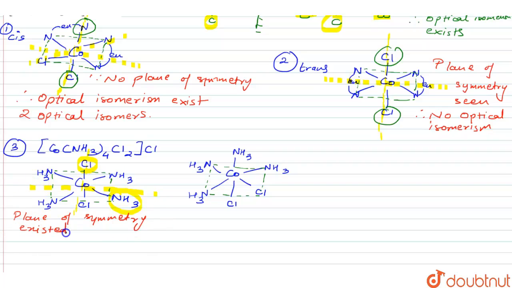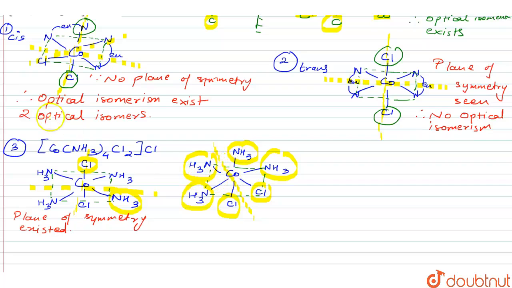Now, what about this one? Let us find out for this one. Let us imagine that we would be having a plane of symmetry passing from this particular point. In that case, I'm having 2 NH3 ligands and 1 chloro group on this side of the plane, whereas 1 chloro and 2 NH3 ligands on this side.